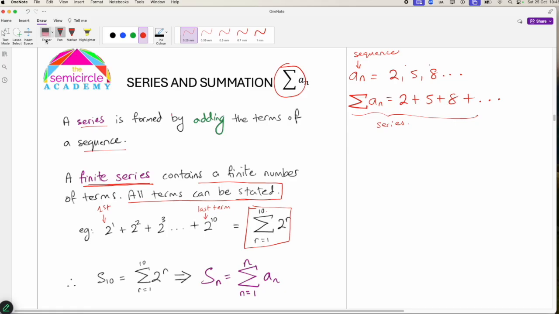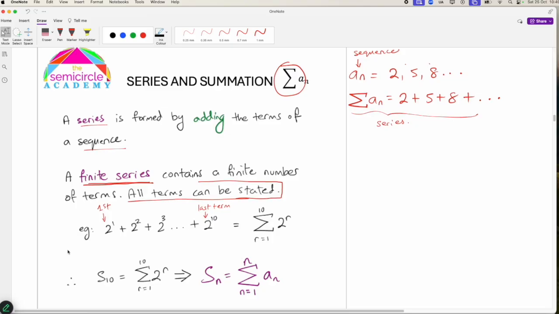So the series with 10 terms will be the summation of 2 to the r, where r goes from 1 to 10.